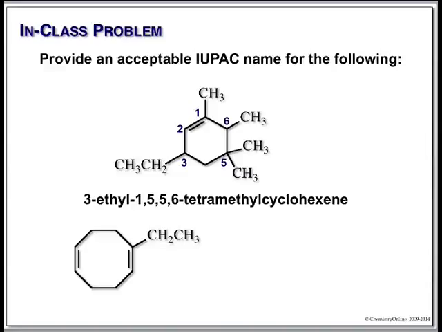Doesn't matter if we go this way or this way, our double bonds are going to be carbons 1, 2, 3, 4, and 5. Carbons 1 and 5 for our double bond. Don't we have to go clockwise though? Since that would be a 1. So we would let this be carbon 1. Our diene is a 1,5 diene. 1-ethyl, 1,5 cyclooctadiene.